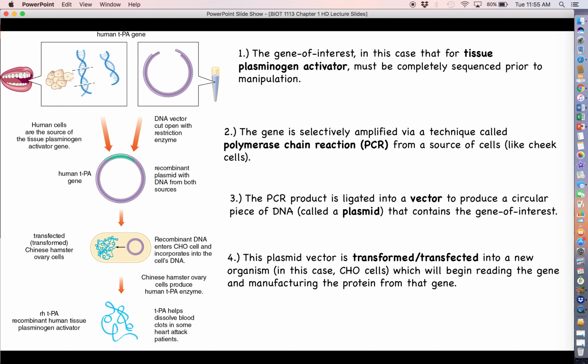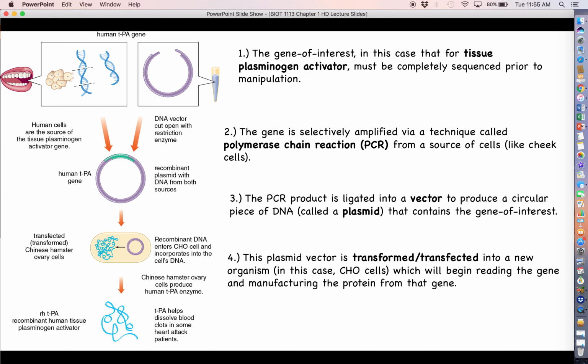In this particular example, we are using Chinese hamster ovary cells, or CHO cells. Those are eukaryotic cells. They're much, much bigger and more complex than bacteria. So in this case, we would call this a transfection, basically tricking these cells to take up this plasmid that contains the TPA gene.